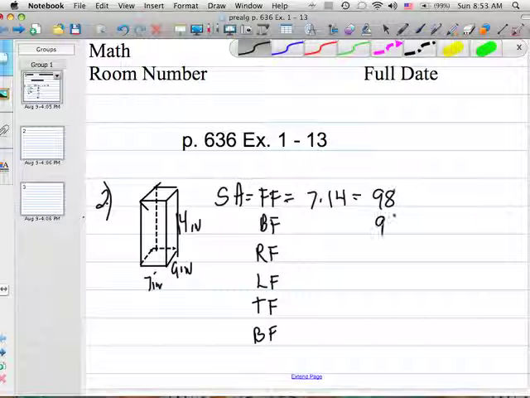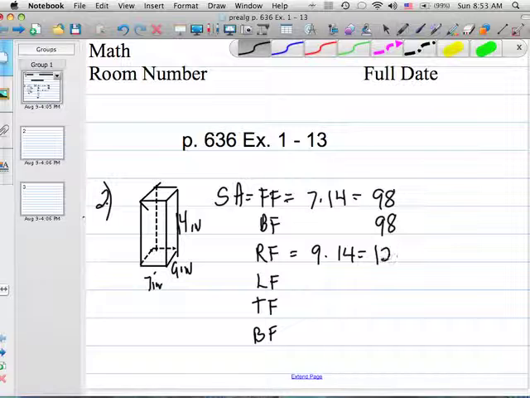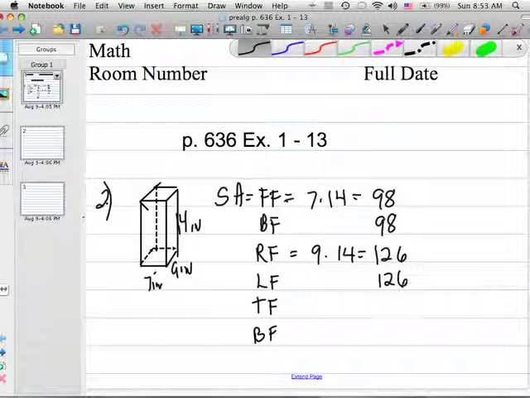And we know the second one, the back face, is the same. The right face is 9 inches by 14. So 9 times 14 is 126. And the left face is the same, 126. And then your top and bottom faces are the same. The bottom here is 7 times 9, which would be the same for the top. So 9 times 7 is 63.